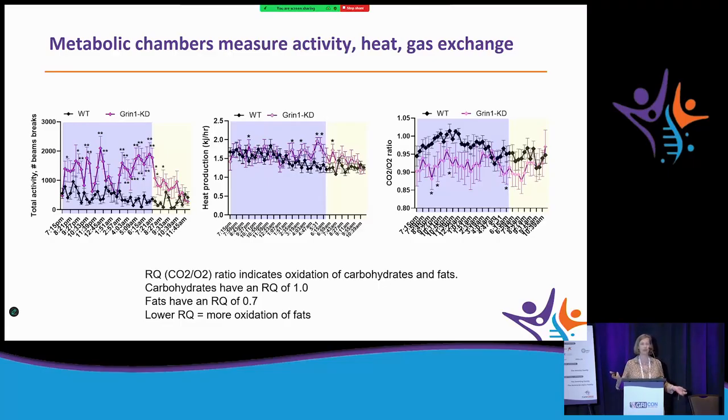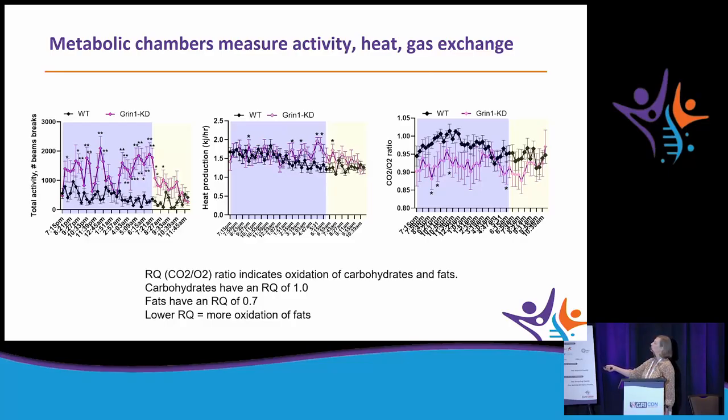It also measures their activity and the heat that they're producing. Here is their activity, with the mutants in pink, and we've combined males and females, but this is mostly males in this assay, I think. You see that they're more active during their wake cycle, which is at night, and also during their sleep cycle. They are producing more heat, but it's not as remarkable as their increase in activity.